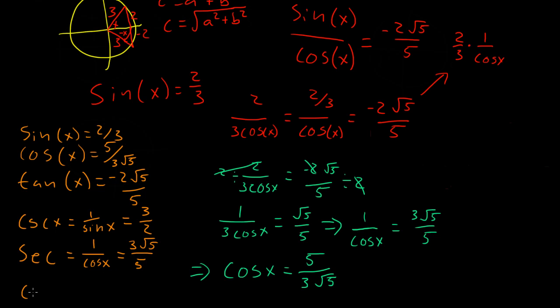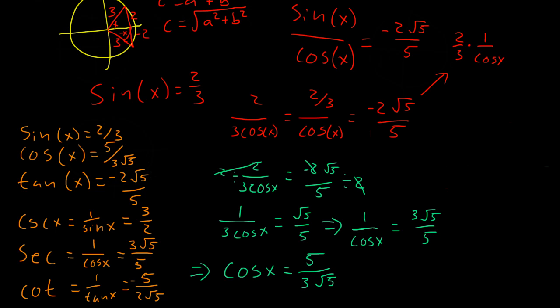And our last one is cotangent, which again is just taking this number and flipping it. Let's write 1 over tangent. Again, we're just flipping this, so it's going to be 5 over 2 root 5. Alright, so here's all of our values.